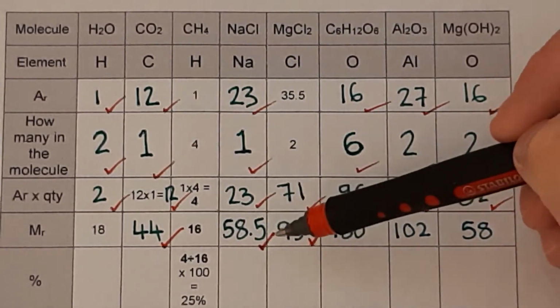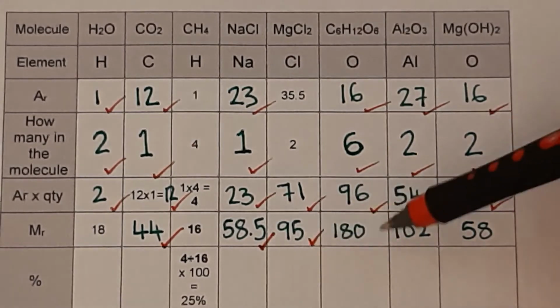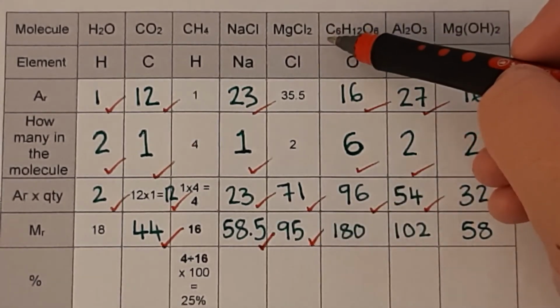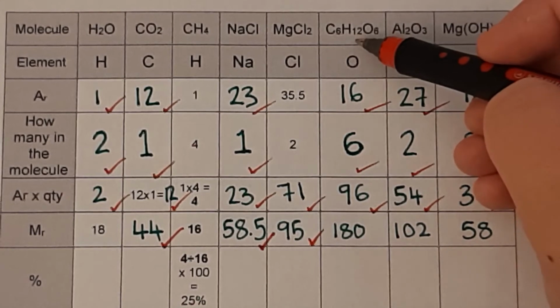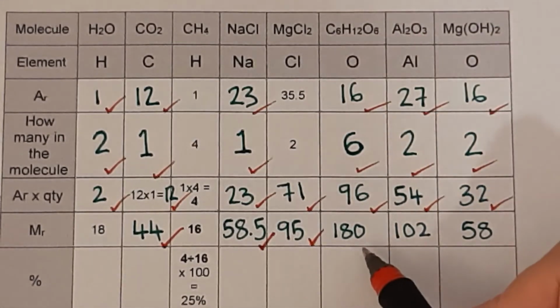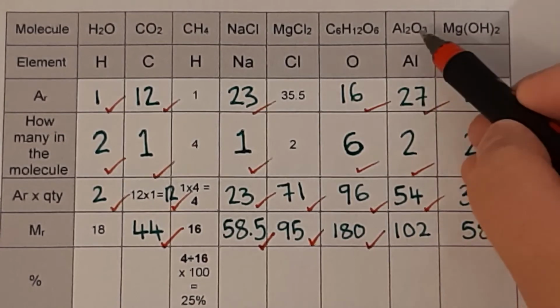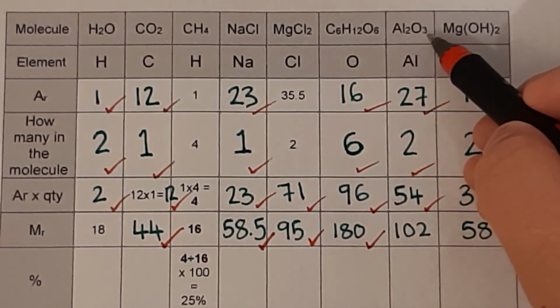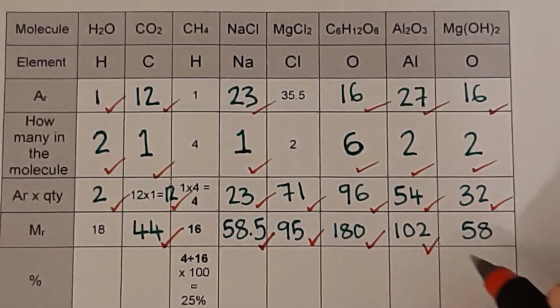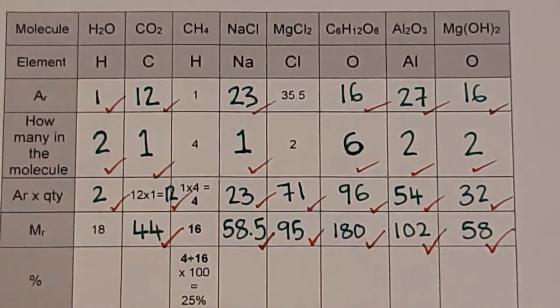It's the same as previously, so magnesium plus 2 chlorines is 95. 6 lots of carbon, which is 12 each, 12 lots of hydrogen, which is 1 for each, and 6 lots of oxygen, which is 16 for each, adds up to 180. 2 lots of aluminium at 27, plus 3 lots of oxygen at 16 equals 102. Magnesium plus 2 oxygens plus 2 hydrogens adds up to 58.